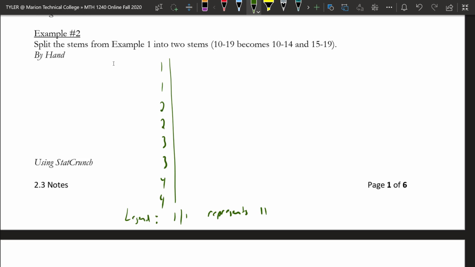For this first one, we're going to think about the numbers 10 to 14, and then this one will be the numbers 15 to 19. In this first one, we let the ones digit be between 0 and 4, and for the second one that shows up, we'll let the ones digit be 5 through 9. You'll do that for each of those.